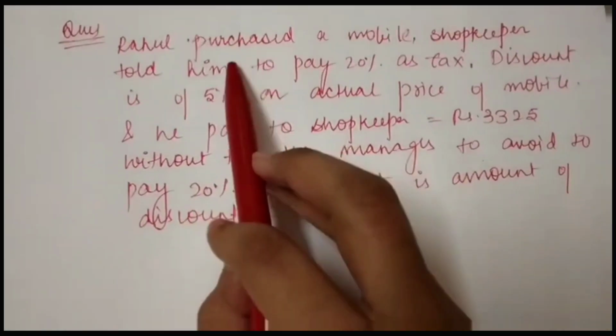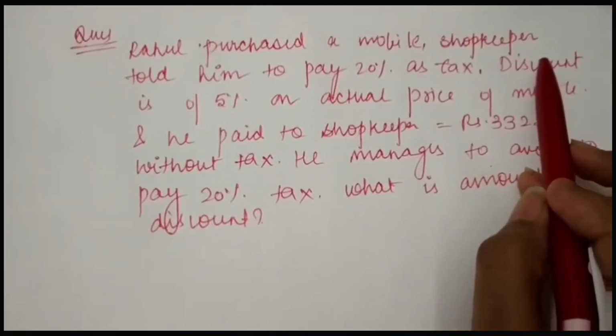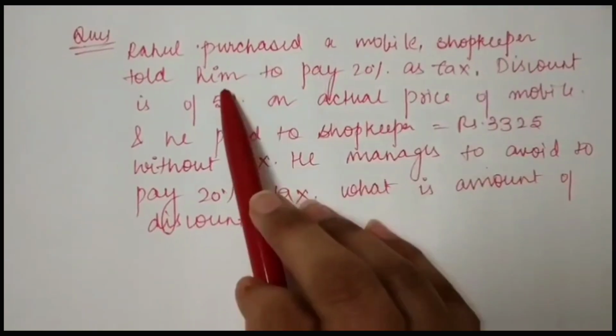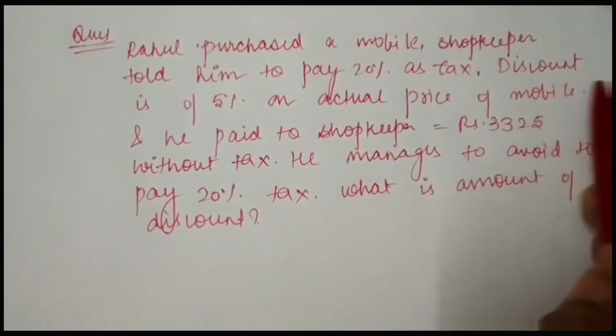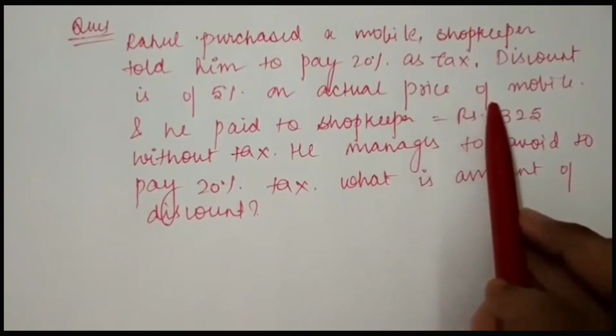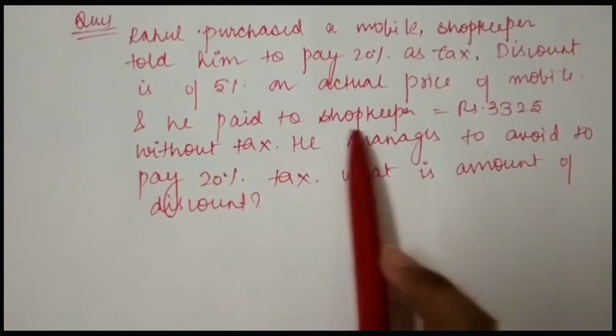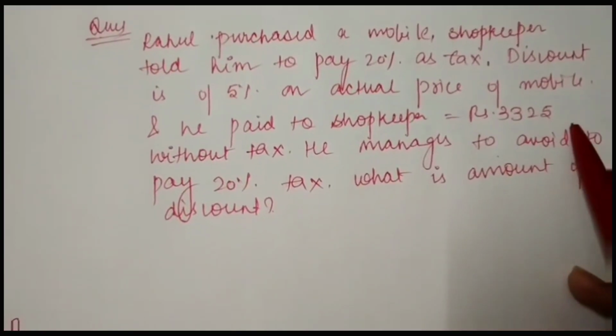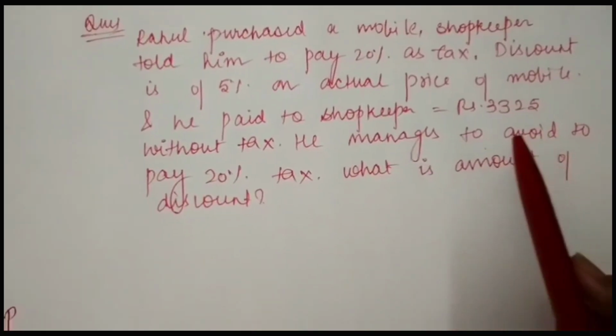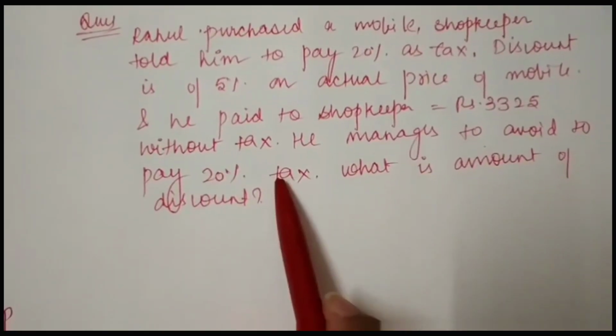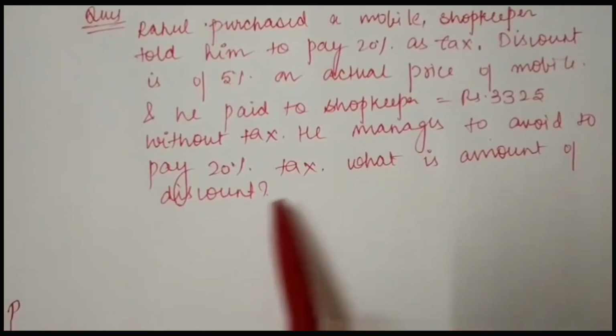Next question is, Rahul purchased a mobile and a shopkeeper told him to pay 20% as tax. Discount is 5% on the actual price of the mobile and he paid the shopkeeper 3,325 without tax. He manages to avoid paying 20% as tax. What is the amount of discount?